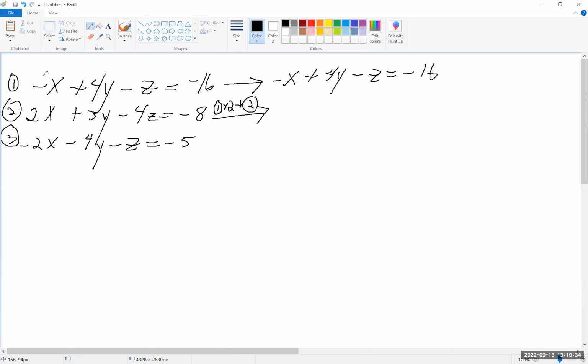All right, so negative 1, right? That's a 1 times 2 is negative 2 plus 2 is 0. Then 4 times 2 is 8 plus 3 is 11.